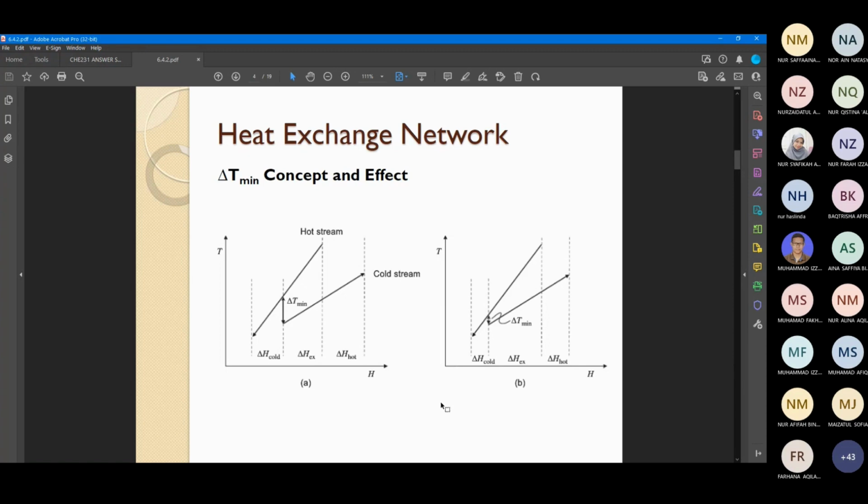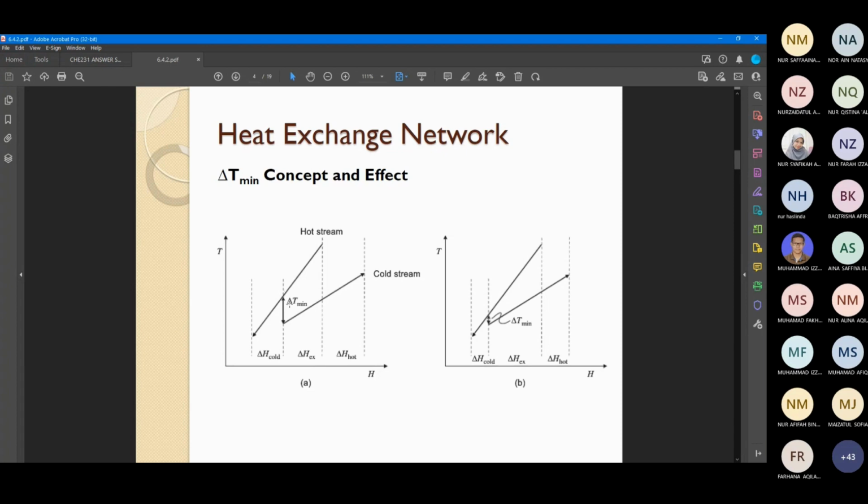Say the pinch given to you is at 90 degrees for the cold stream, because the difference between the hot stream and the cold stream is about 10 degrees Celsius. So you need to select the pinch for the process.